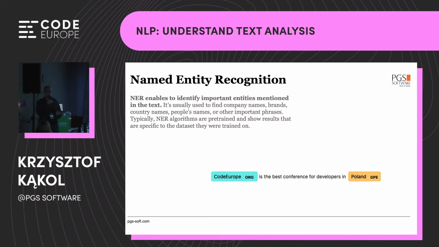First of all, you have named entity recognition. It allows you to find the entities in your text, like the example below. Code Europe is the best conference for developers in Poland. So you have two entities found, Code Europe and Poland. You don't have to write anything about that. It's just a simple line of code. I will show you that later.